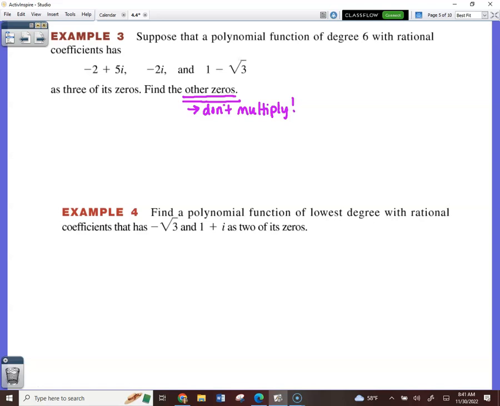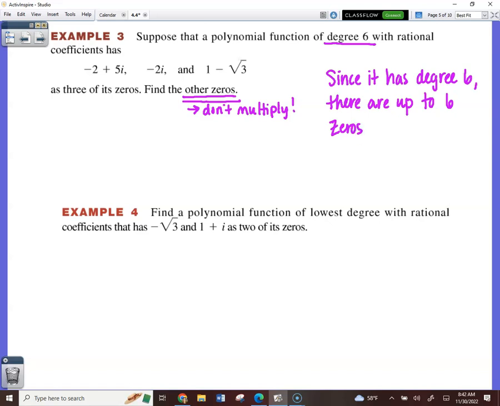Now let's make a note. Since it has degree 6, what does that mean? There are up to 6 zeros.